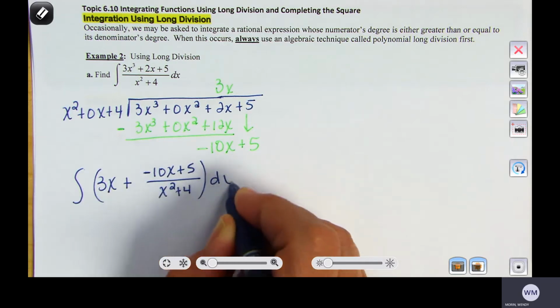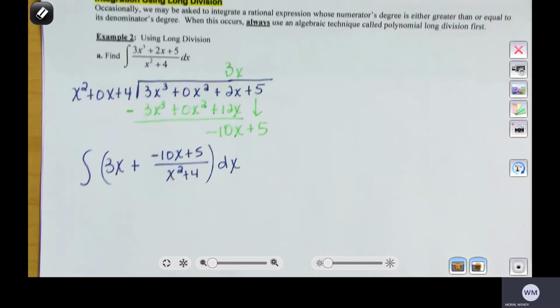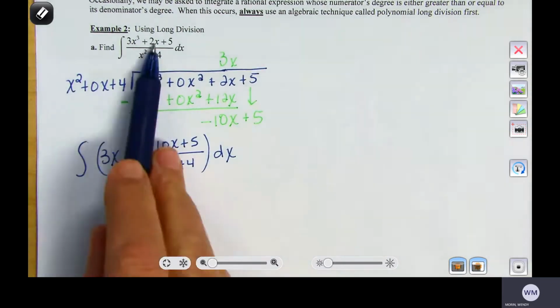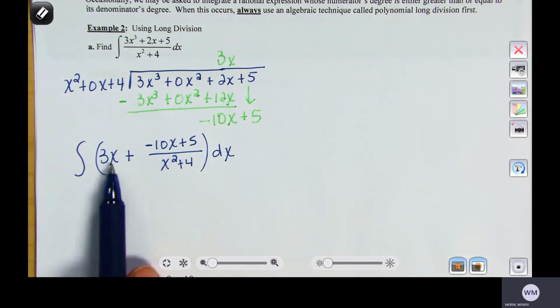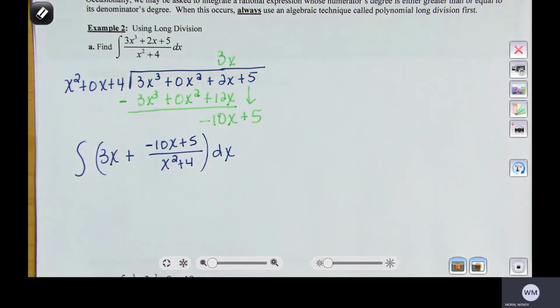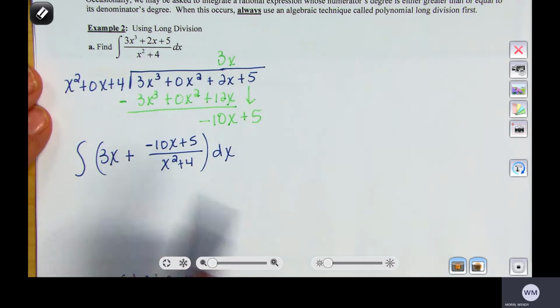So by doing long division, you have just rewritten this rational expression into these two pieces. This is equivalent to this. Okay? So what we're going to do is integrate both of these.